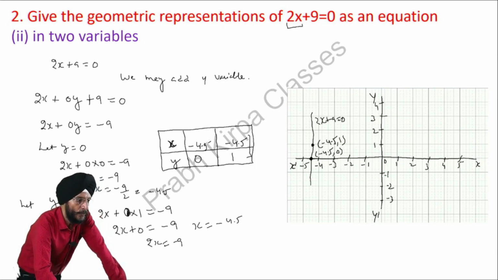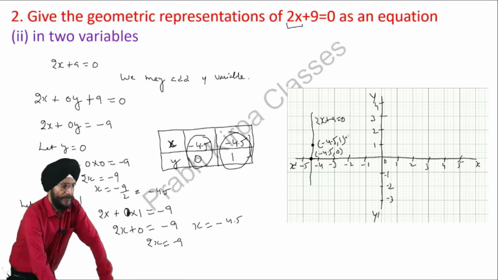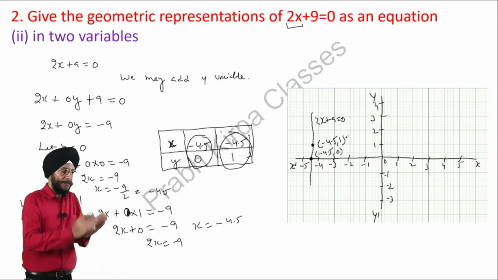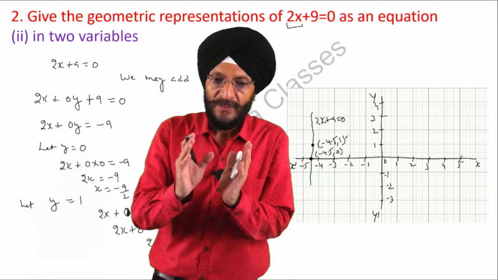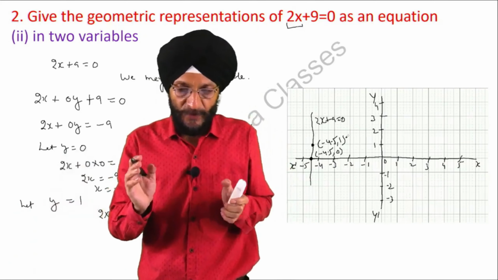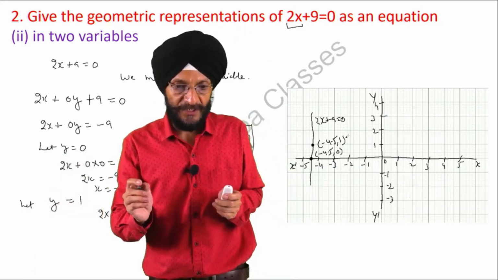Because we are to write the values of x first followed by the value of y. First we have written this value minus 4.5, then this is the value which has been written on the upper side. Now this is the geometrical representation of the equation which was given to us in the examination.